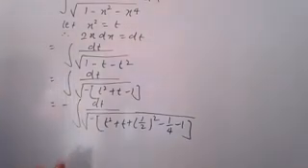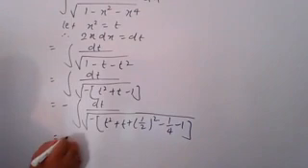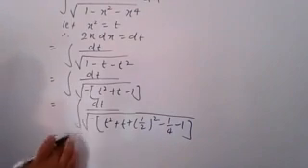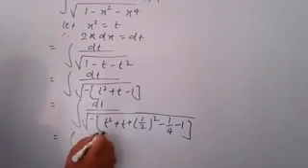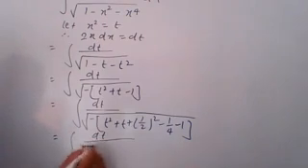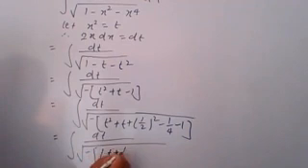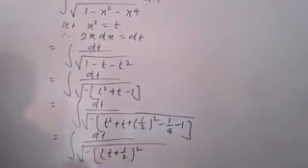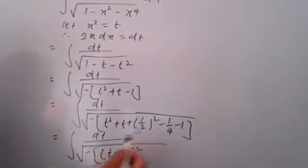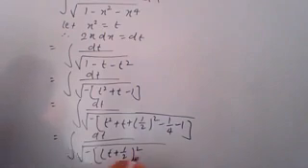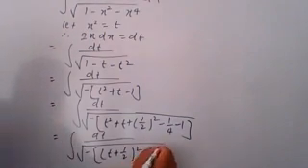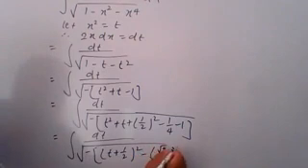Understand? Now this can also be written as integration of dt upon under root minus, here you can write t plus 1 upon 2 whole square, and if you simplify you have root 5 by 2 whole square minus root 5 by 2 whole square.